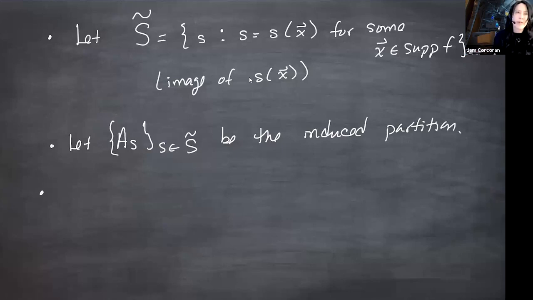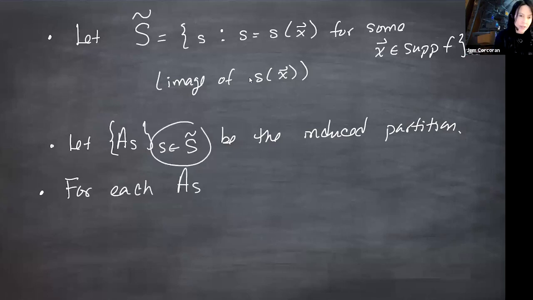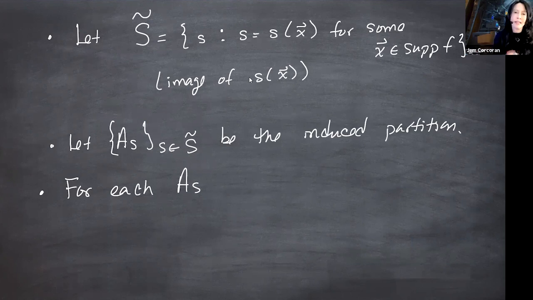And now I'm going to say for each set A_S, and this could be continuous, so this index does not have to be discrete. I'm going to choose a point, any point, and there is an axiom of choice thing happening here if you care. I don't want you to have to worry about that kind of pure math, but there is a point in each set, and so you need to choose one.